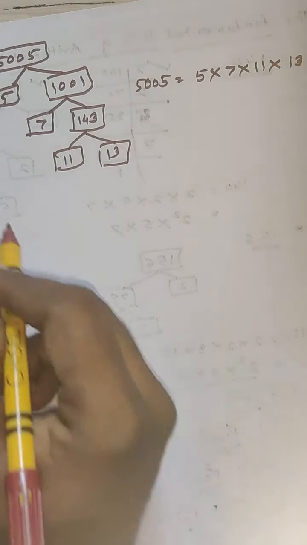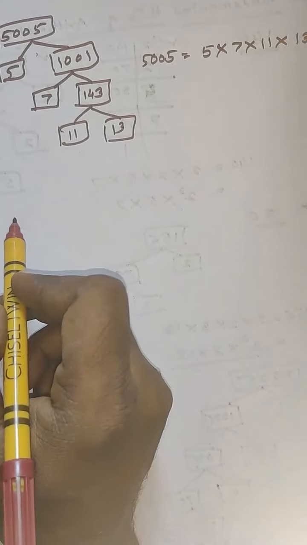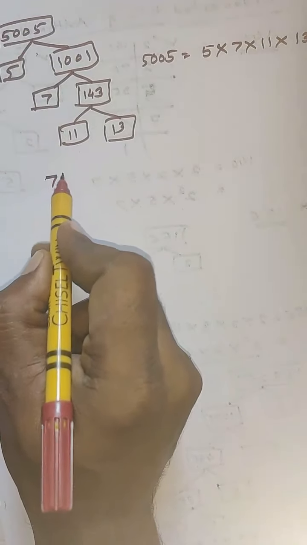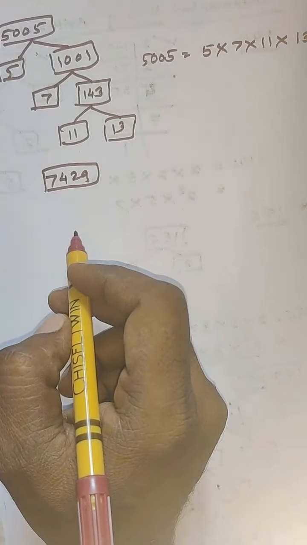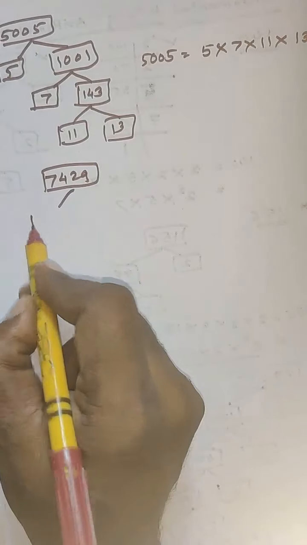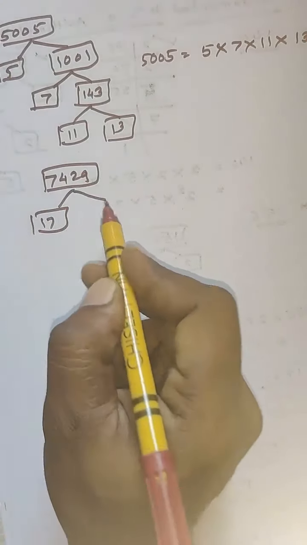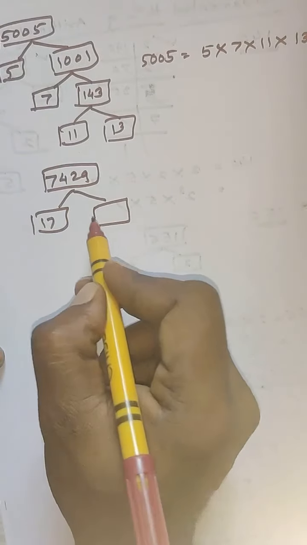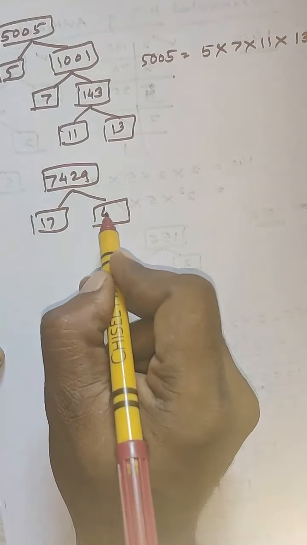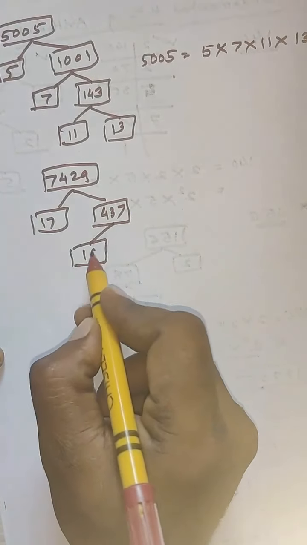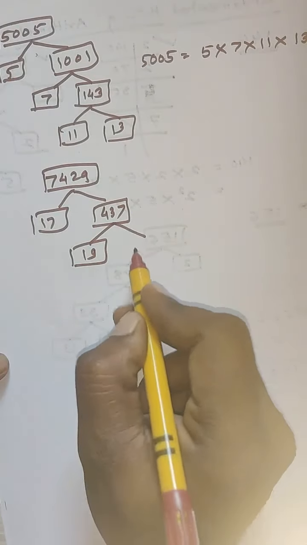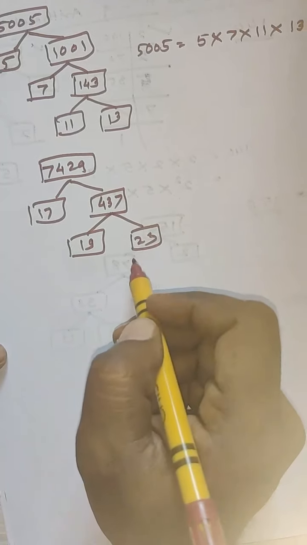One more example is given, that is of 7429. Now this 7429 is going by 17, and if we divide this by 17 we will get 437. Again this 437 will go by 19 and remaining 23.